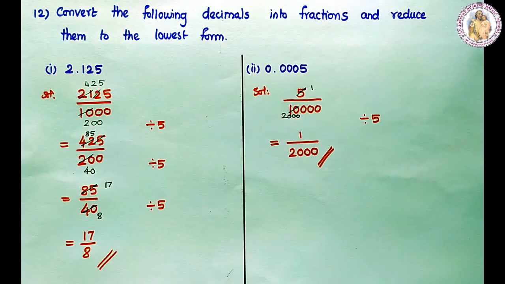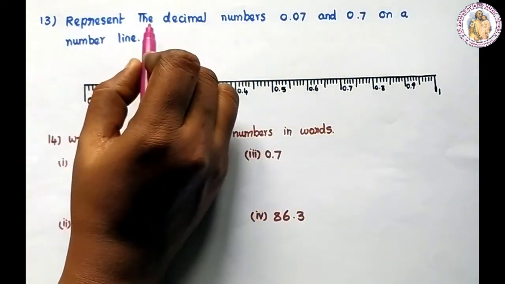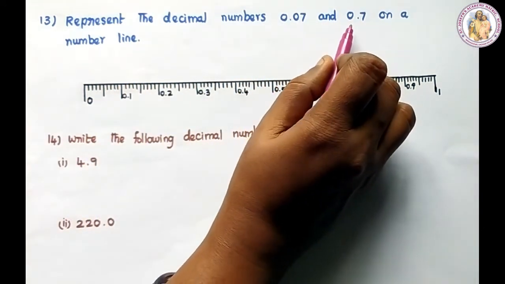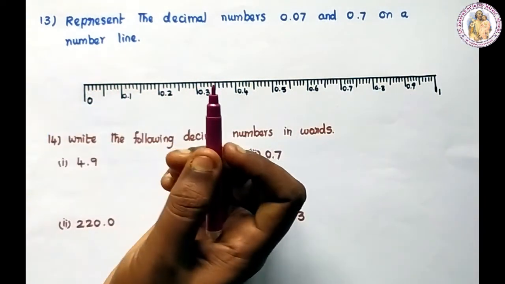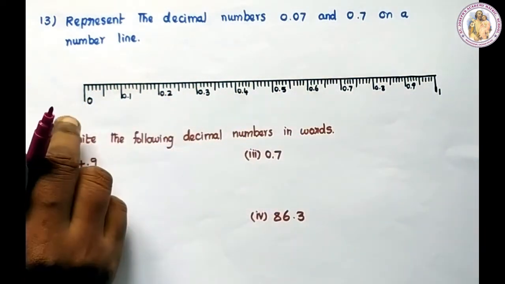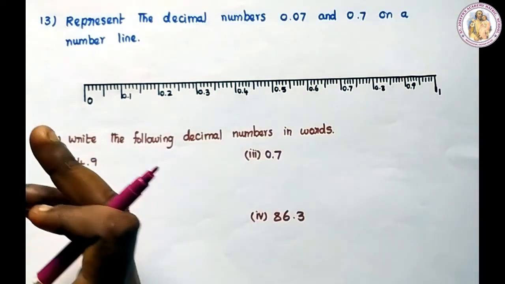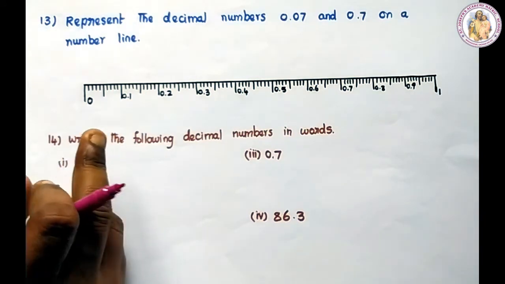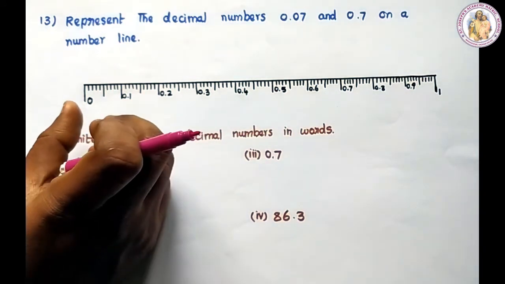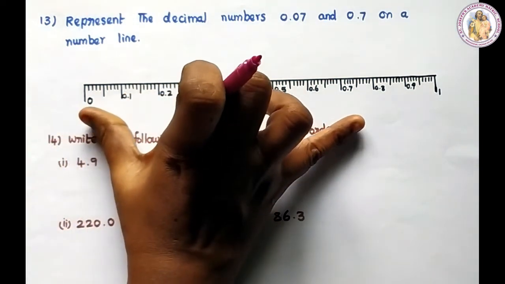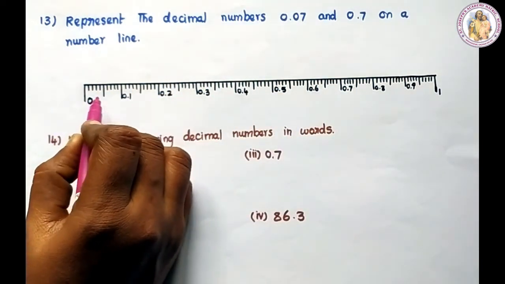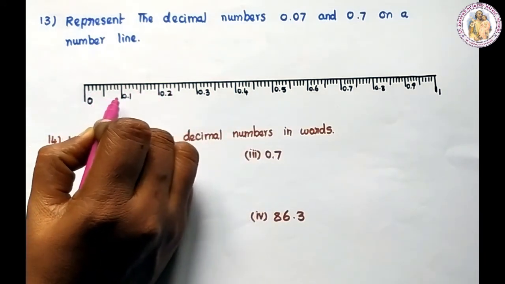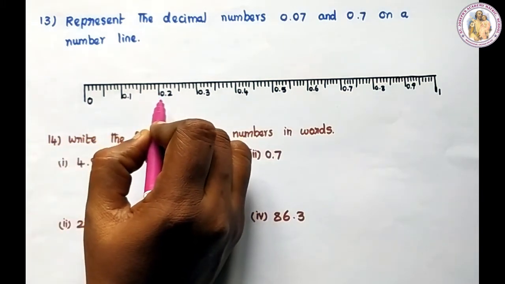That is the answer. 13th sum. Represent the decimal numbers 0.07 and 0.7 on a number line. Listen, in between 0 and 1, that is a centimeter. 1 centimeter equal to 10 millimeters. In 1 millimeter also 10 parts, that is 0.01, 0.02.